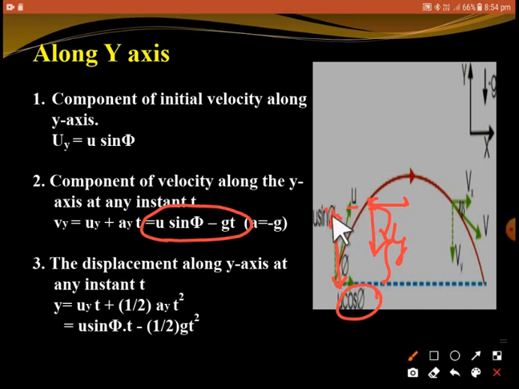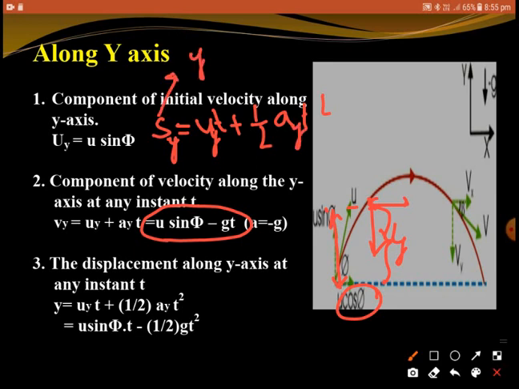Got it? So we need to use s = ut + half at square. Here the distance is along the y-axis, the initial velocity along the y-axis, and the acceleration along the y-axis. So your sy will be denoted by y, the vertical displacement, and your uy will be u sine phi, and your ay will be minus g.